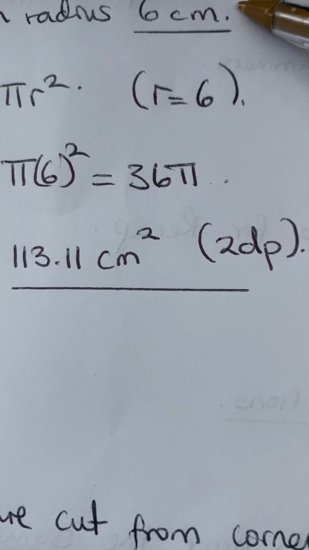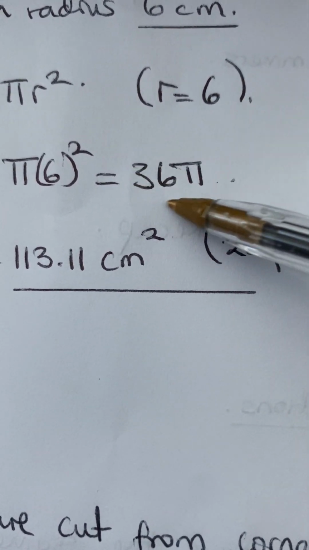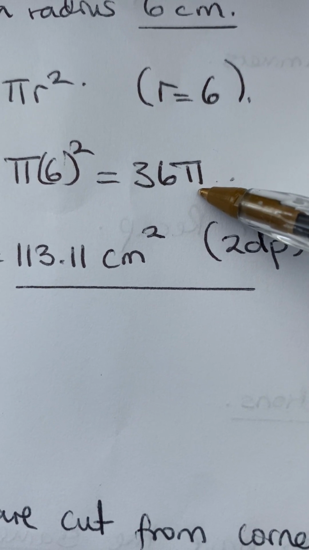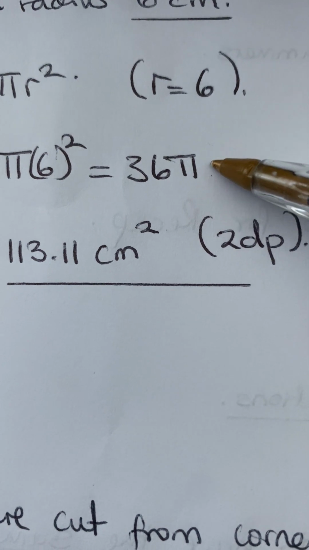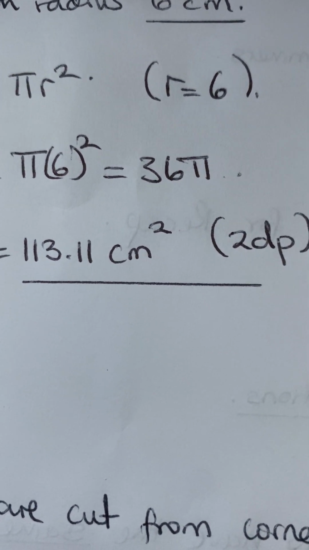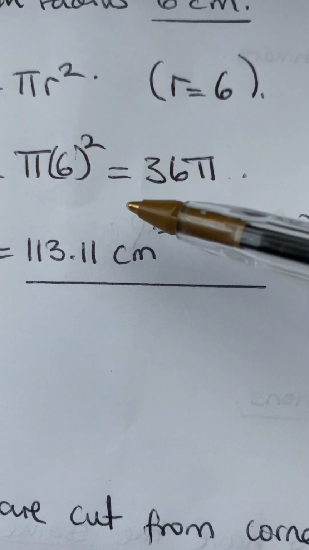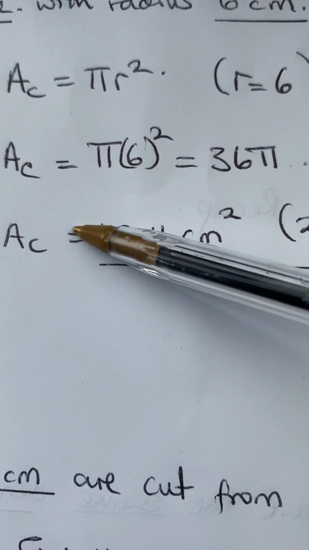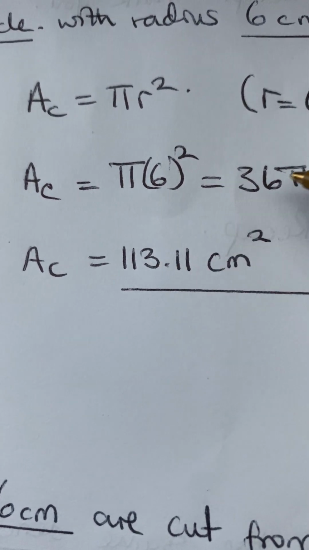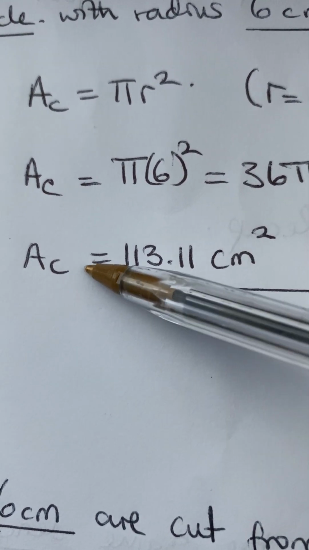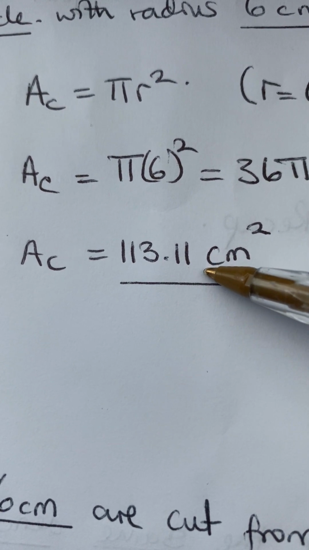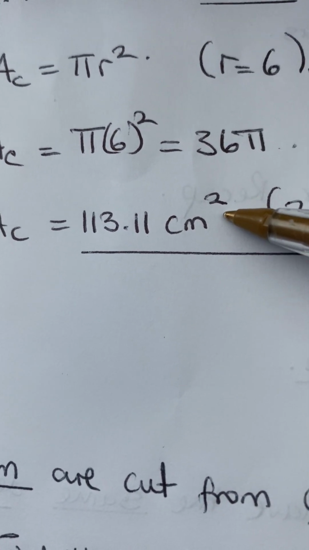If they say I should leave my answer in pi, then I'm going to stop here and write centimeters squared. That will be my answer. But they didn't say anything, so I went ahead and used the calculator with pi, and I got an area of 113.11 centimeters squared.